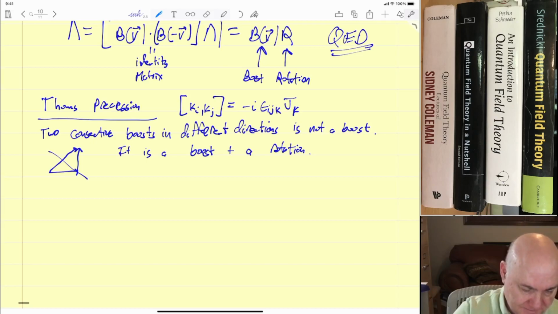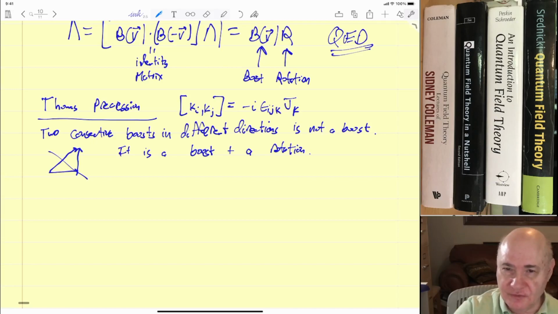And so this leads to the Thomas precession, which is important in understanding spin-orbit coupling in the hydrogen atom when you do a perturbation treatment. If you start with a relativistic treatment like the Dirac equation, and I think Barton Zwiebach might do that, then you don't have to worry about the Thomas precession.